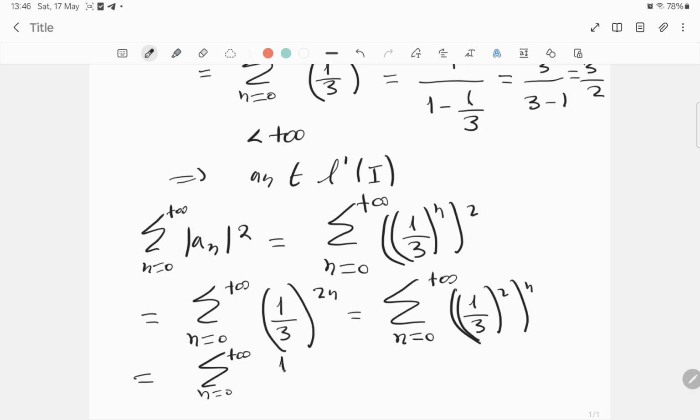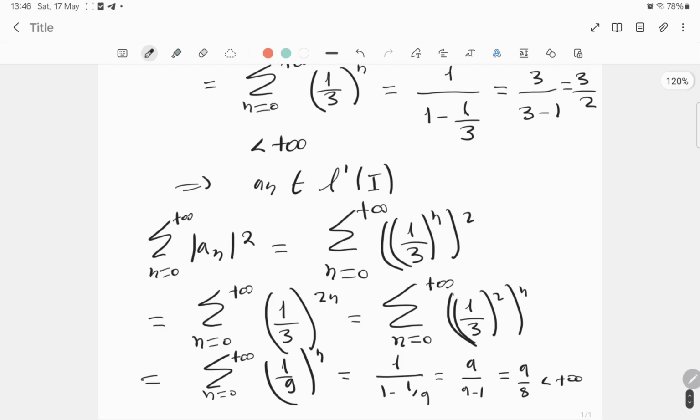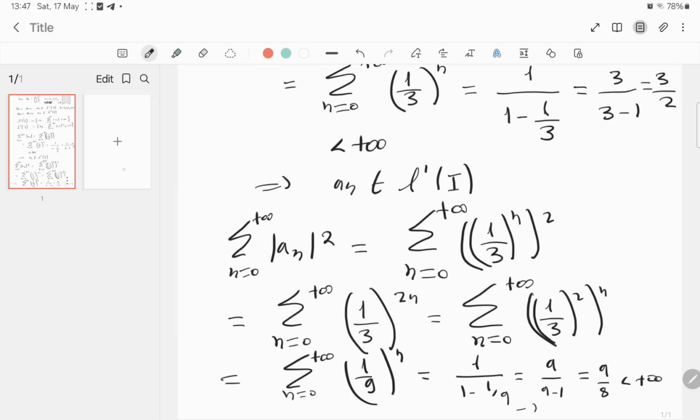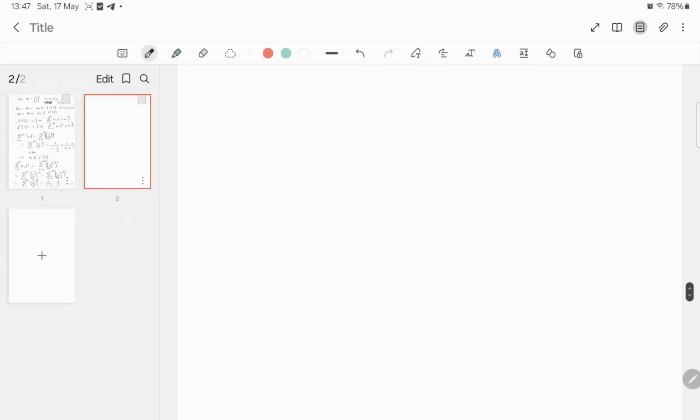This one is 1 over 9 to the power of n, an infinite geometric series, and r is less than 1, it is 1 over 9. And so it's 1 over 1 minus 1 over 9, 9 over 8, which is a finite quantity. And thus we conclude that it belongs to the little l2.